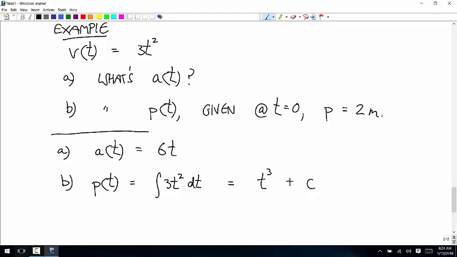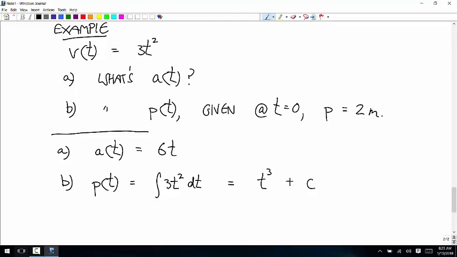What's the difference between those two? You don't have to write it if you don't want. Okay, so now how do we figure out what that constant c is? That's right.